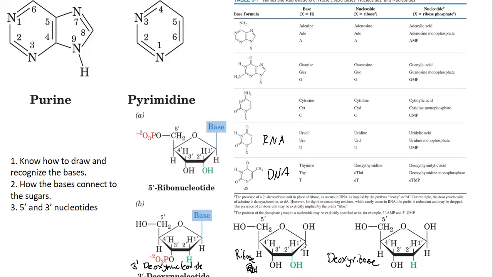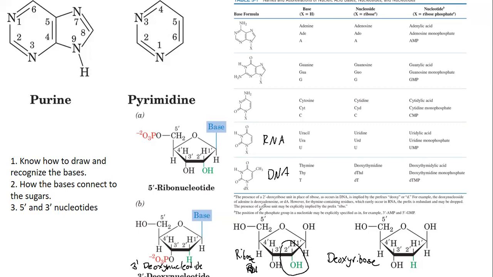So when we look at the sugar, they come in 2 flavors, a ribose or a deoxyribose. And the only difference is this hydroxyl at the 2' position. So when we talk about the sugars in nucleotides, they are 5 carbon rings. So 1, 2, 3, 4, 5. And they get primes. So 1', 2', 3', 4', 5'.